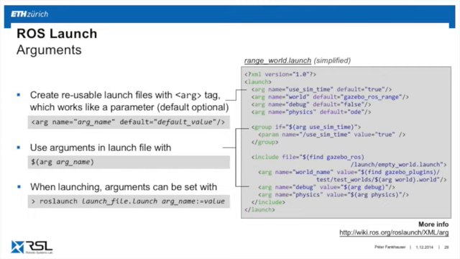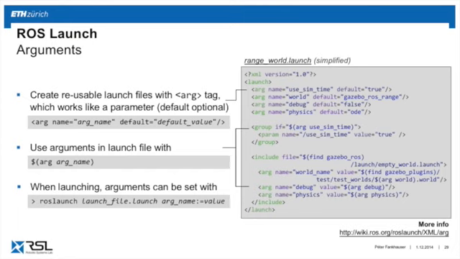You specify them on the top, like there, and then you can reuse these arguments in your launch file. So in this case, it says if this argument is set to true or false, then also set this parameter.